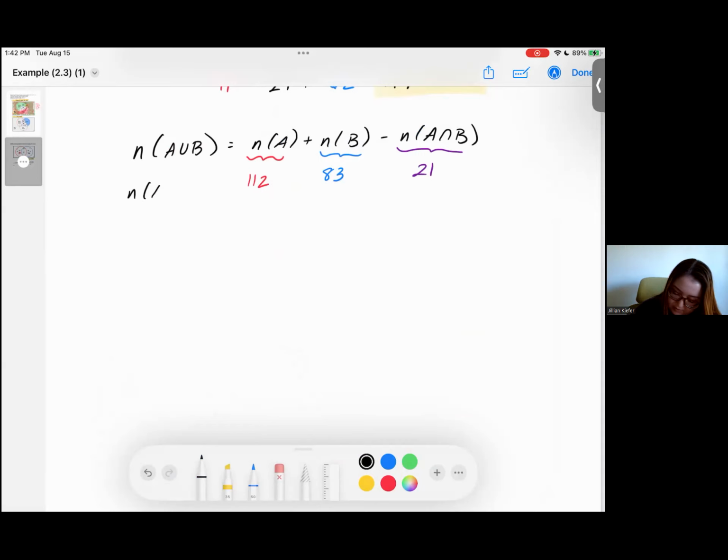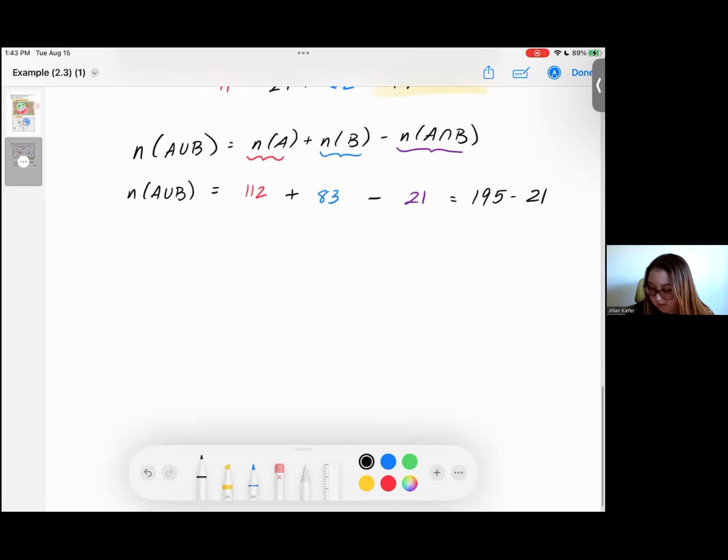So really, the number of doctors helped is 112 plus 83 minus 21. So we go into our calculators. 112 plus 83 comes out to 195, minus 21 equals 174 doctors.